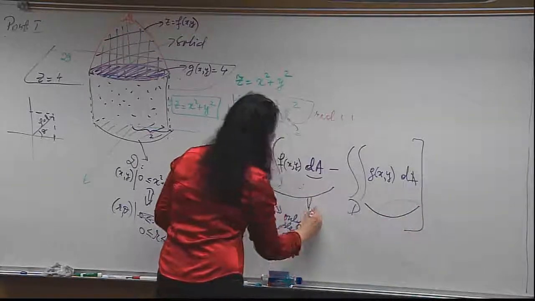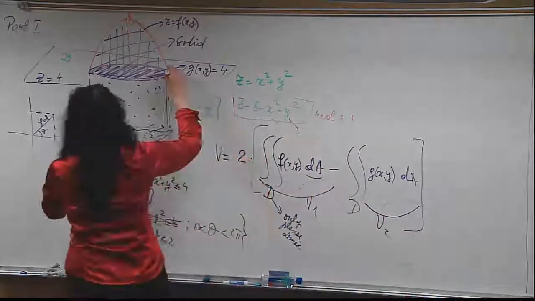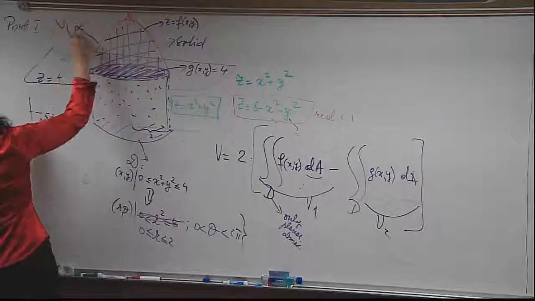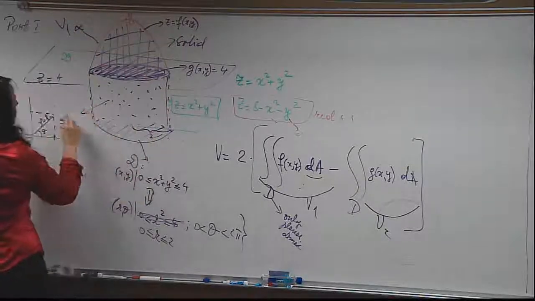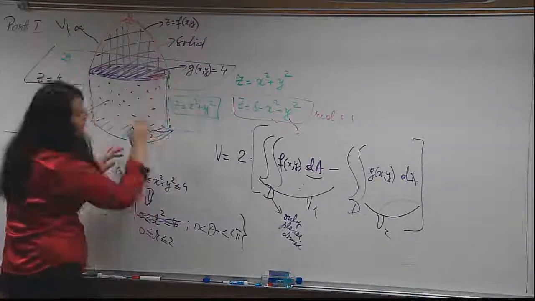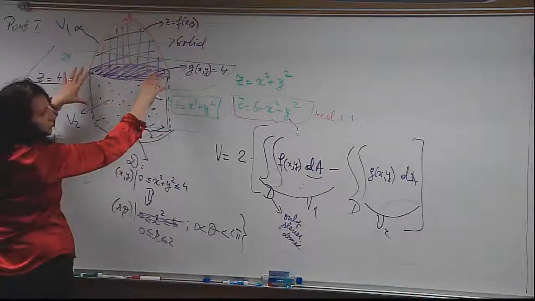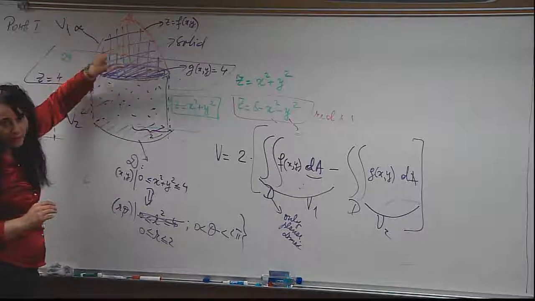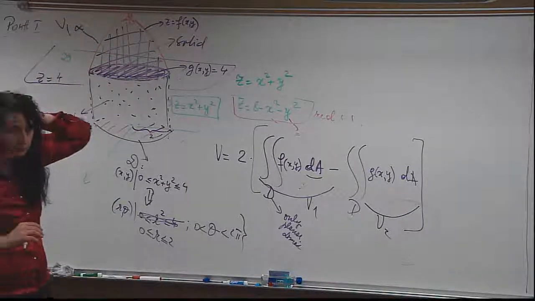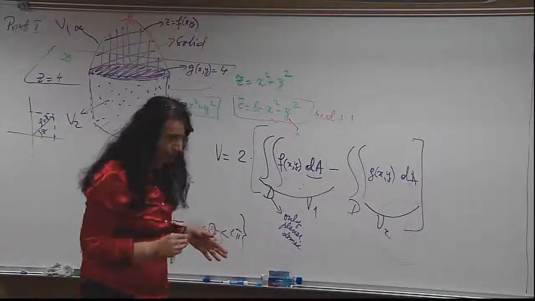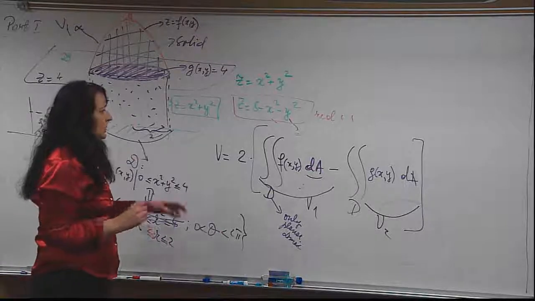So it's V1 minus V2. V1 is the volume of the whole body that looks like a crayon. V2 is just the volume of the cylinder under the plane. V1 minus V2 is exactly half of the egg, the volume of half of the egg.